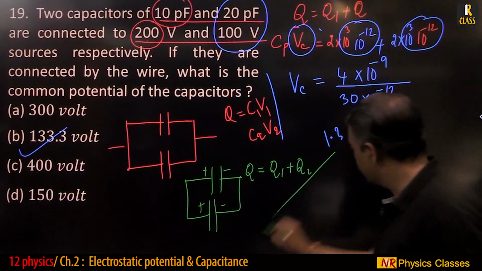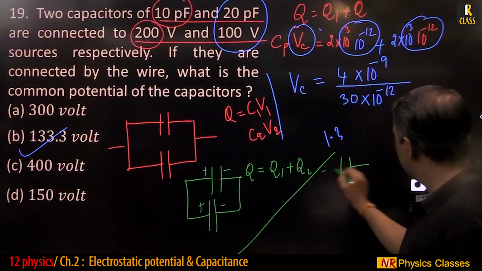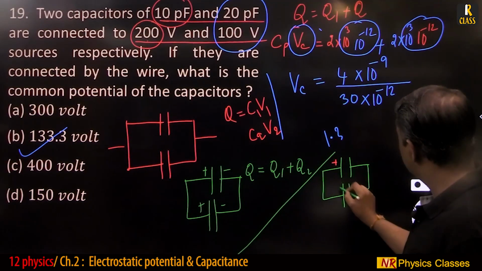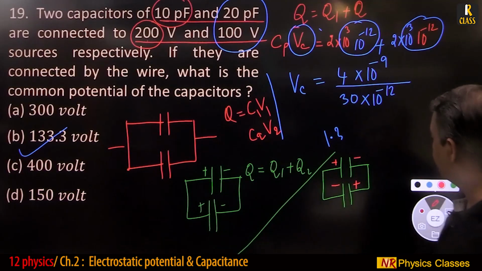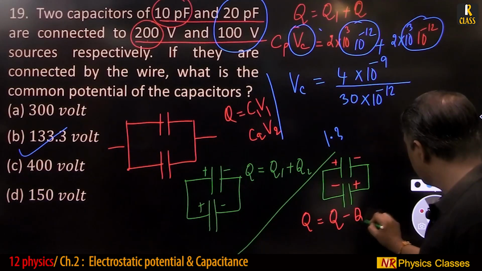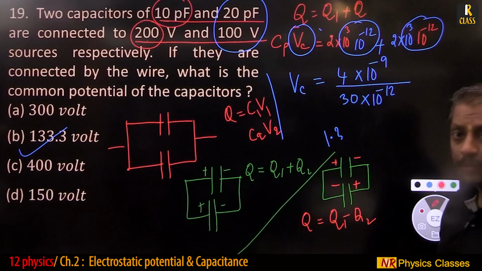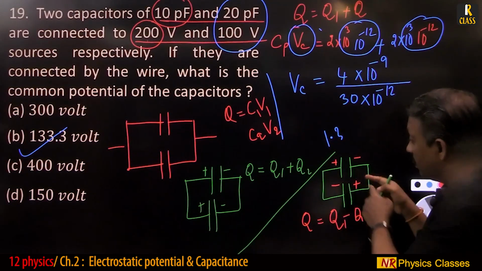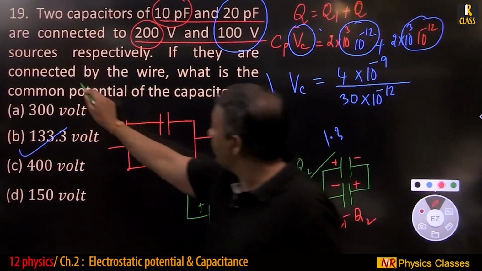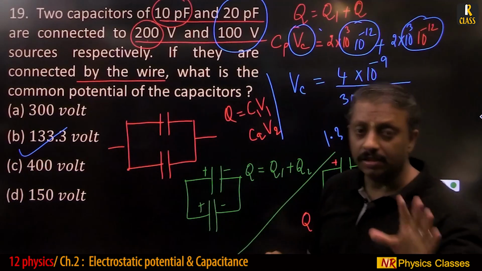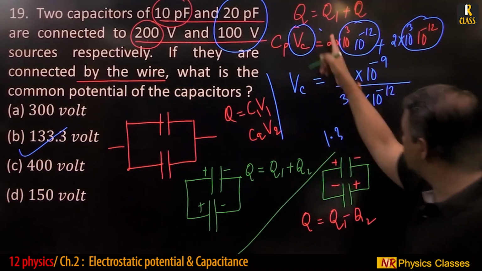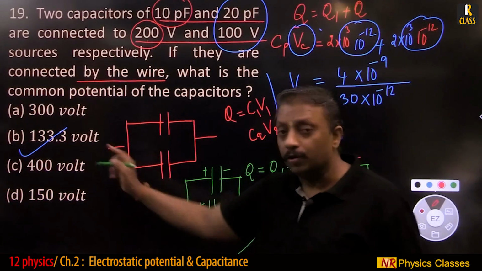Second case, if two capacitors are connected with plus connected to minus and minus connected to plus, in this case the total charge is Q1 minus Q2, the difference. Here, the polarity of the charges is not mentioned. They are connected by a wire, that's all they have mentioned. Connected by a wire means take it as the first case and solve. So it is 133 volt.